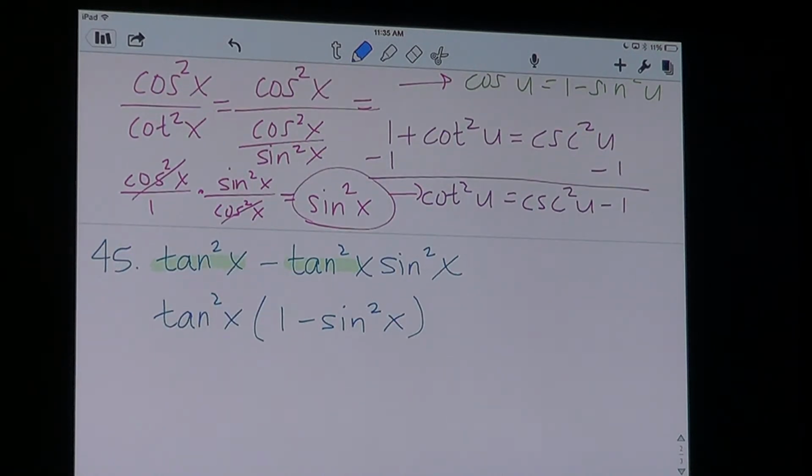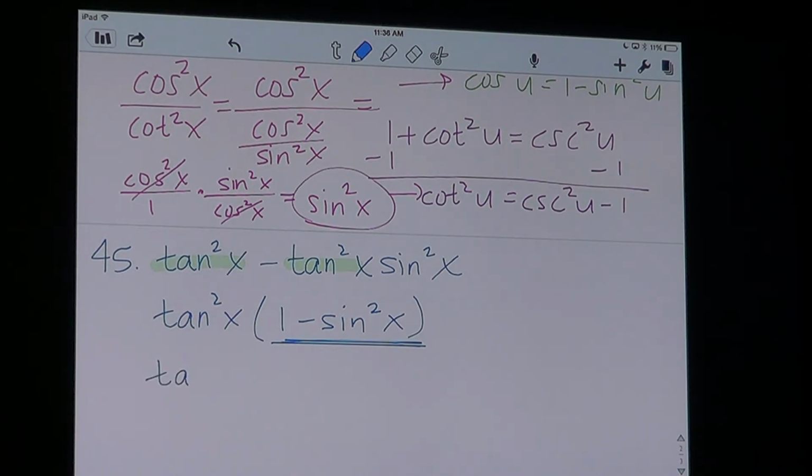So what do you think is going to be helpful? Which kind of identity will be helpful at this point? Tangent equals sine over cosine. Eventually, yes. But let's first take care of the 1 minus sine squared x. Oh, the Pythagorean identities. Yes.